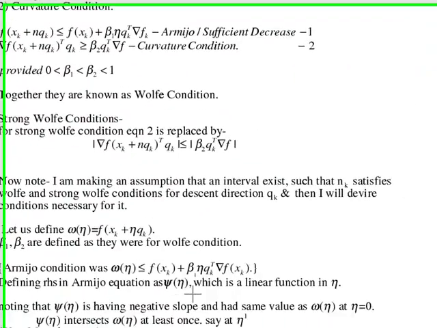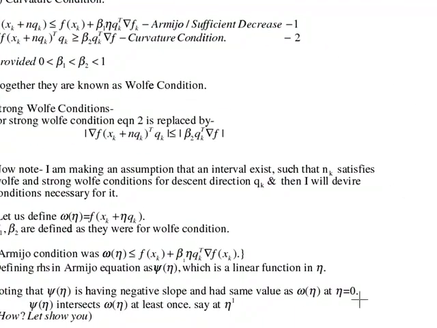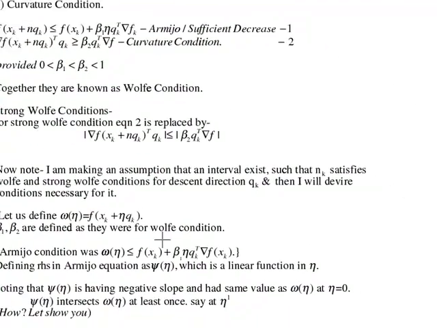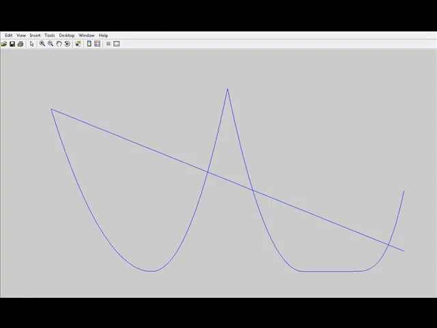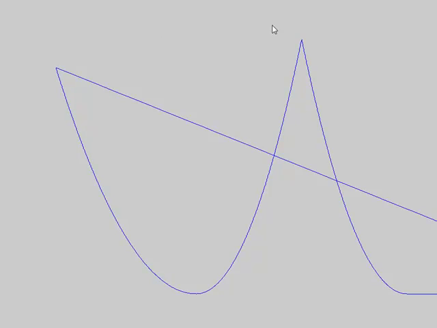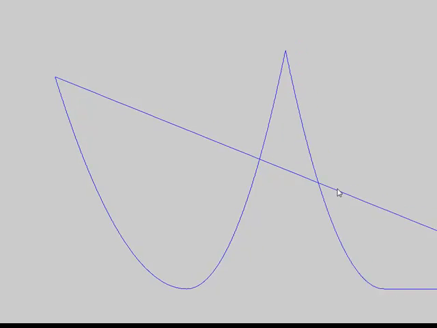At eta equal to 0, xi of eta is equal to omega of eta. And suppose our function omega of eta looks like this, and this is our xi of eta.